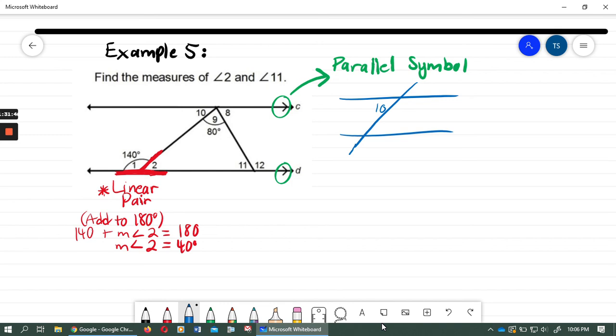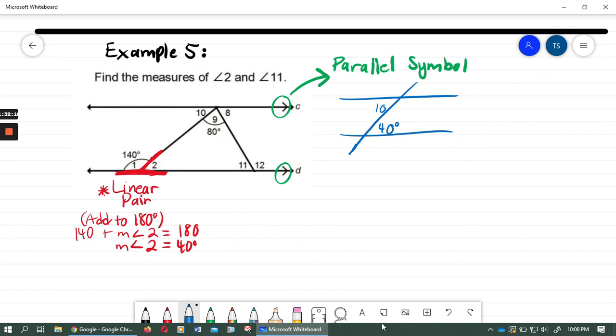And really, guys, with problems like this, you want to try to figure out one thing at a time. But folks, you want to find as much information as you can. Okay, one part at a time. So we've already found that angle 2 is 40 degrees. So honestly, folks, we can use that.